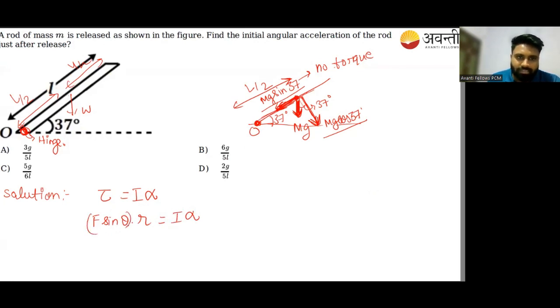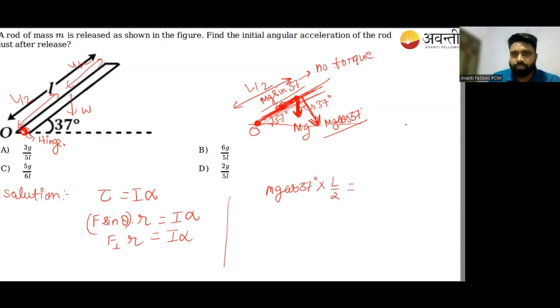F sin theta is the perpendicular component of force to the line passing through the axis of rotation. Torque equals I times alpha. So F perpendicular here is mg cos 37 multiplied by R, which is L by 2.